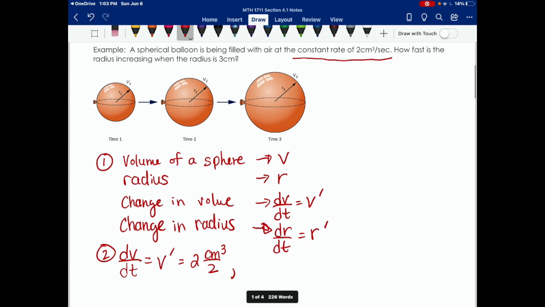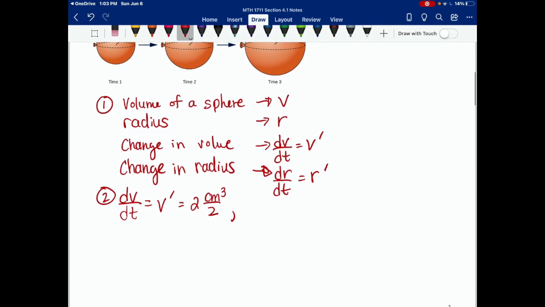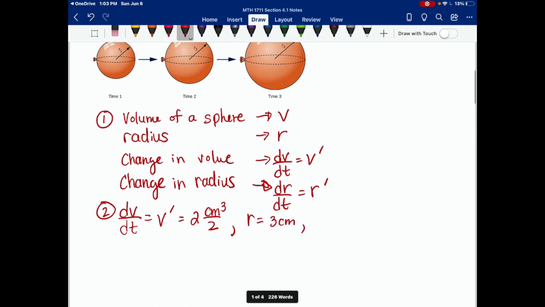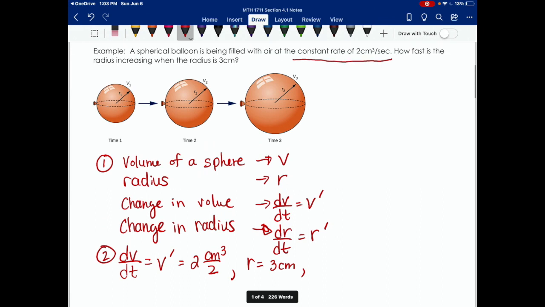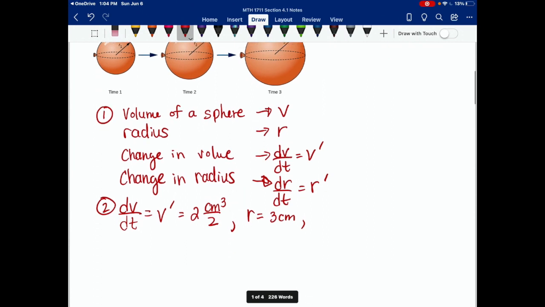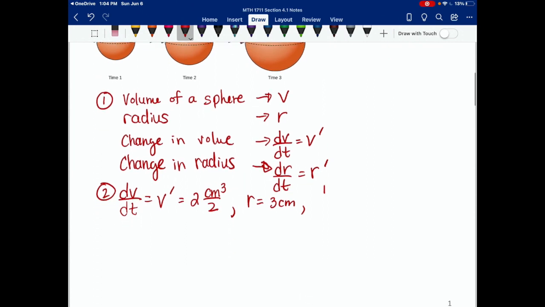We also know that the radius is 3 centimeters. And what we're looking for is the change in the radius, how it's increasing. So this is what we're looking for, dr/dt, or r prime. That's the unknown that we're trying to find.